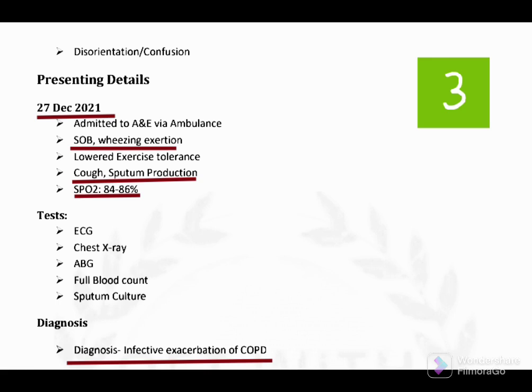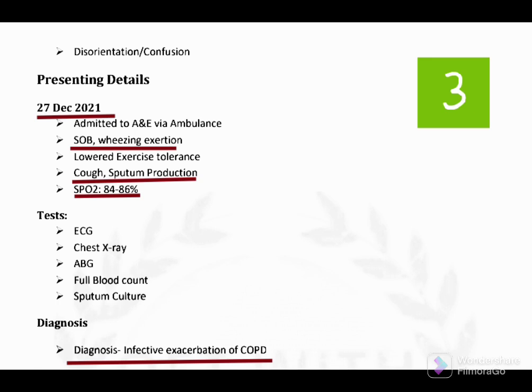He underwent diagnostic evaluations like ECG, chest X-ray, ABG, full blood count, and sputum culture. After all diagnostic evaluations, his condition was confirmed as infective exacerbation of COPD. Infective because the patient has sputum production with the cough.